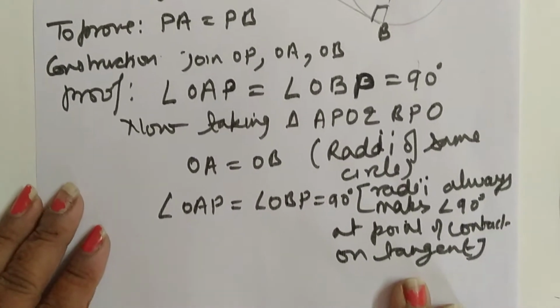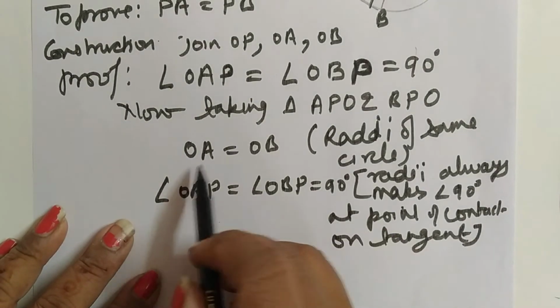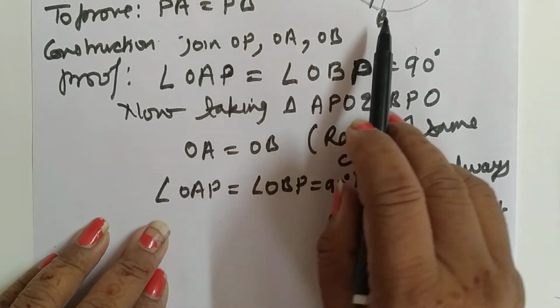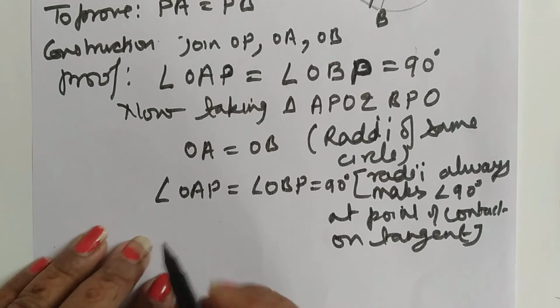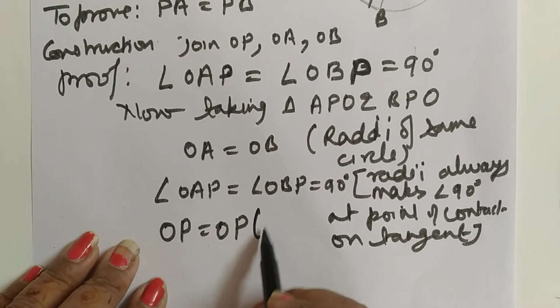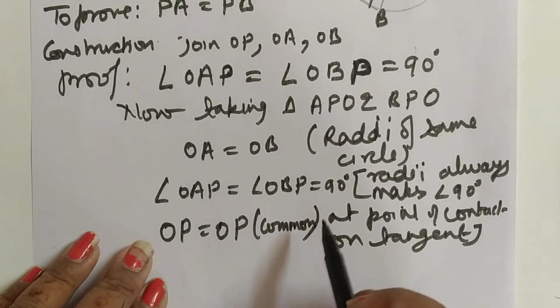We need not write so lengthily, but I have written it to explain here. So OA is equal to OB, this angle is 90 degrees, and the third thing is that OP is equal to OP, common.